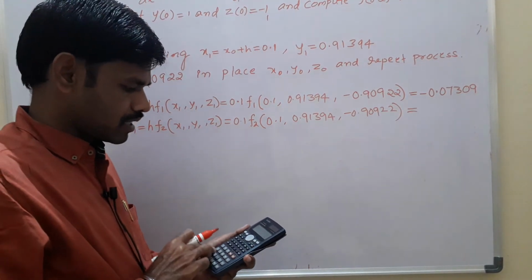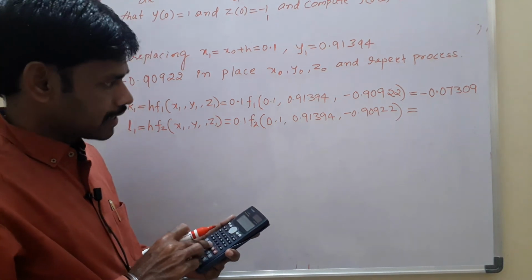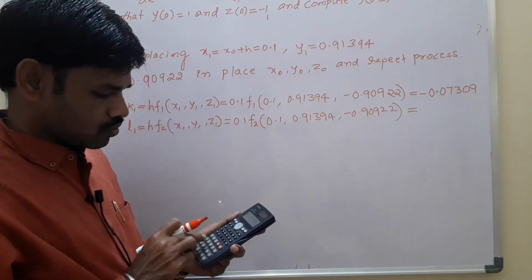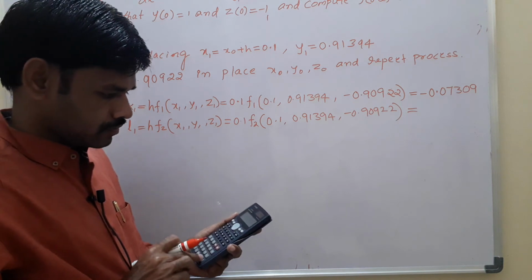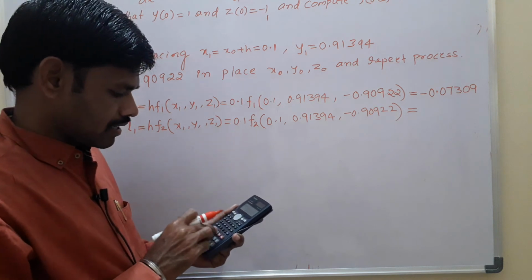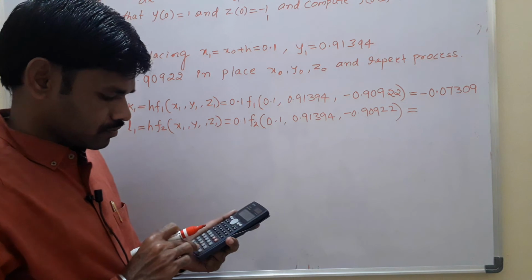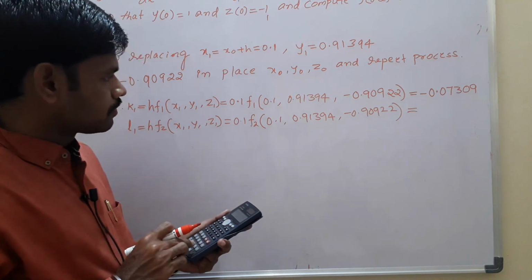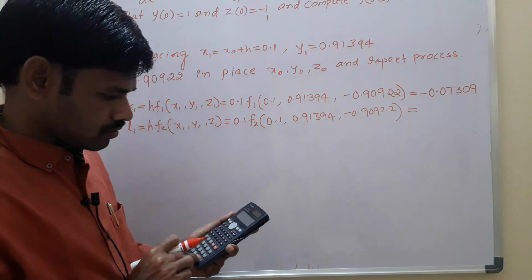So that is 0.1 into minus 0.90922 plus 0.91394 into 0.1.